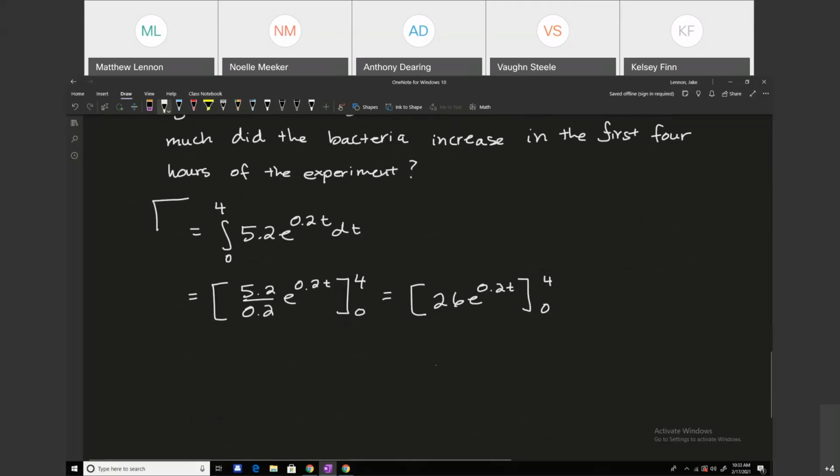So we have 26 e to the 0.2 times 4 minus 26 times e to the 0. So we get some approximate number.